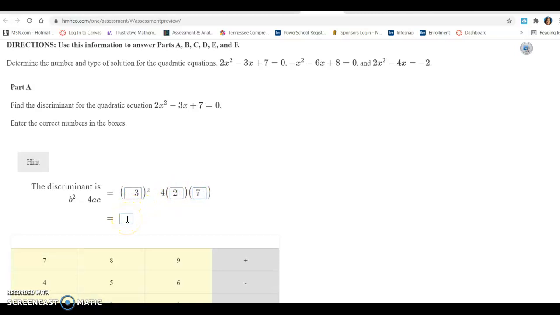And then if we simplify that, we're going to have 9 minus 8 times 7, so that is 9 minus 56, so that's going to be -47.